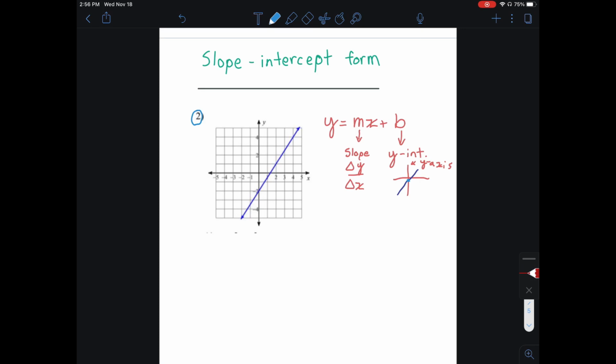So let's look deeper. First, we need to find our slope, and we need to find our y-intercept. If we find these, we can write our slope-intercept form, y equals mx plus b. So let's go ahead and find those things.